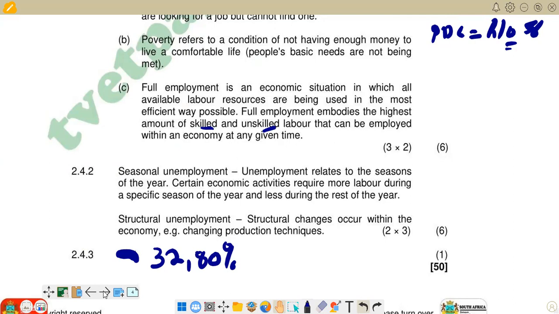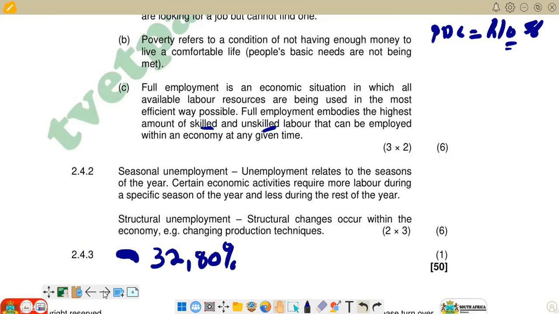Seasonal unemployment basically explains the period when workers are not employed because of the changes in seasons. For example, seasonal unemployment mainly affects the agricultural sector and the mining sector. In agriculture, let's look at the rainy season when farmers are planting their crops. There is high activity in that sector, and more people get employed there.